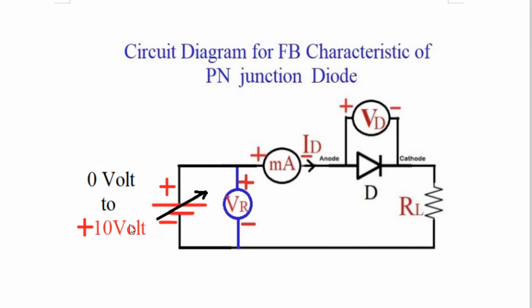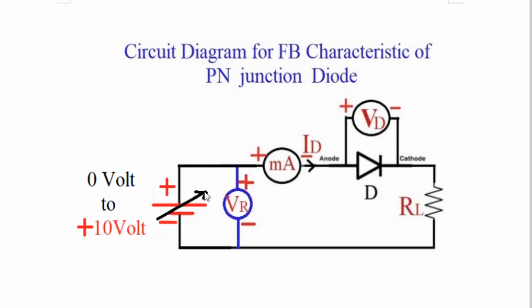What we have done here is that this battery we have shown as a variable battery, and the voltage of this battery varies from 0 volt to 10 volt. Earlier this battery was not there, and there was a battery of constant 10 volt connected to a variable resistor.